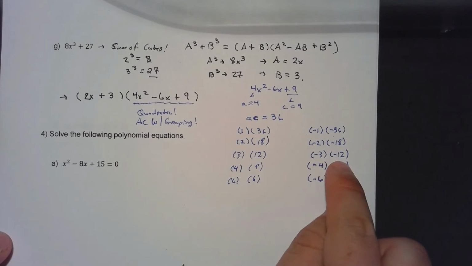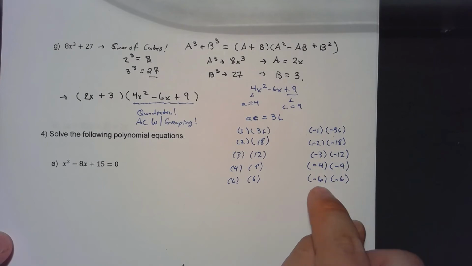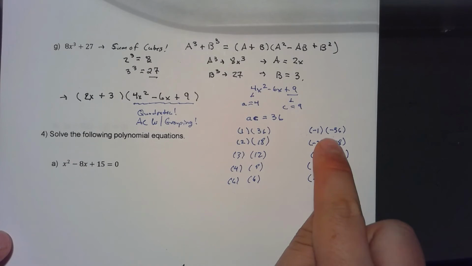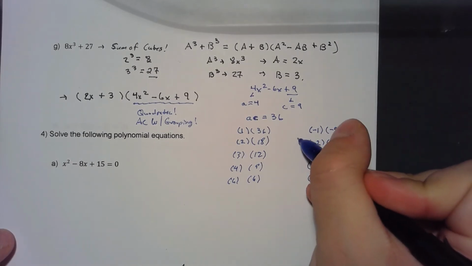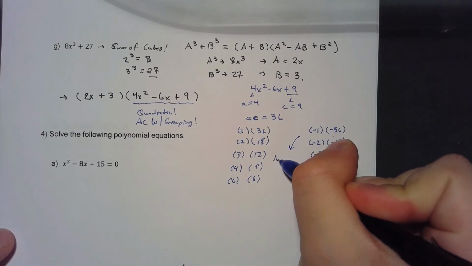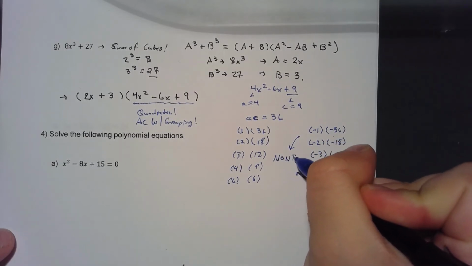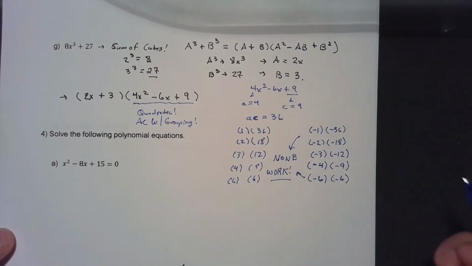So negative 3 plus negative 12 is negative 15. That's negative 13. That's negative 12. Negative 20, yeah. So none of these are going to work. None work.